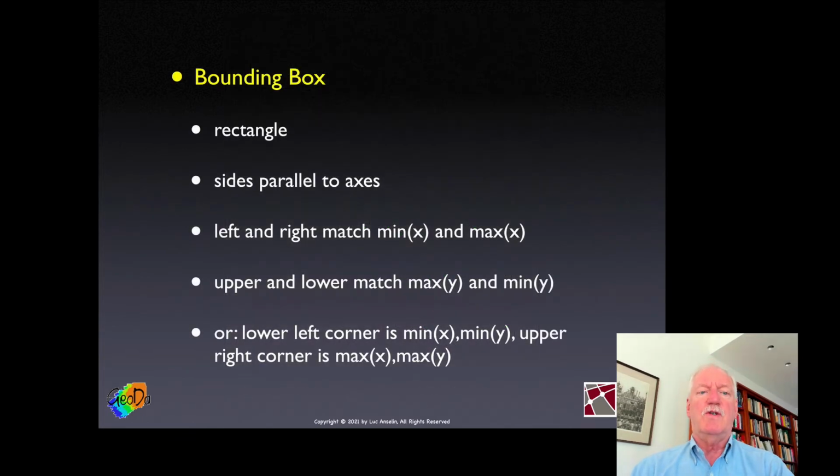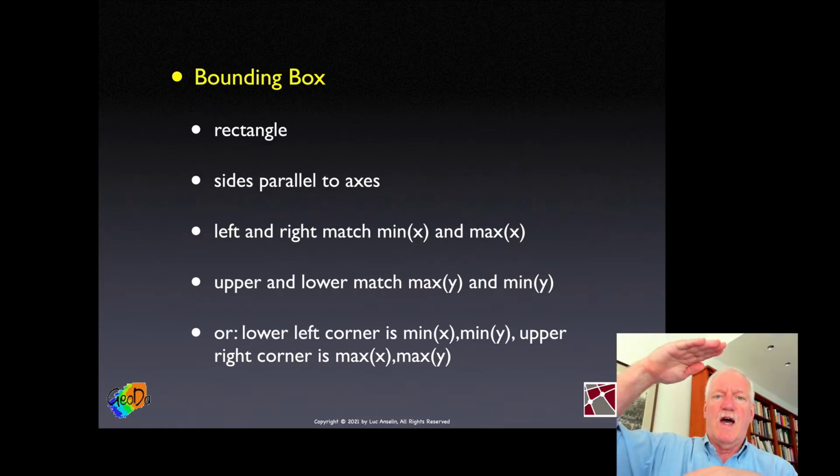The second notion is the notion of a bounding box or bounding rectangle, which is a rectangle around the points with the sides parallel to the axes, and basically taking the most extreme point on the right and the most extreme point on the left, as well as the lowest and the highest point.